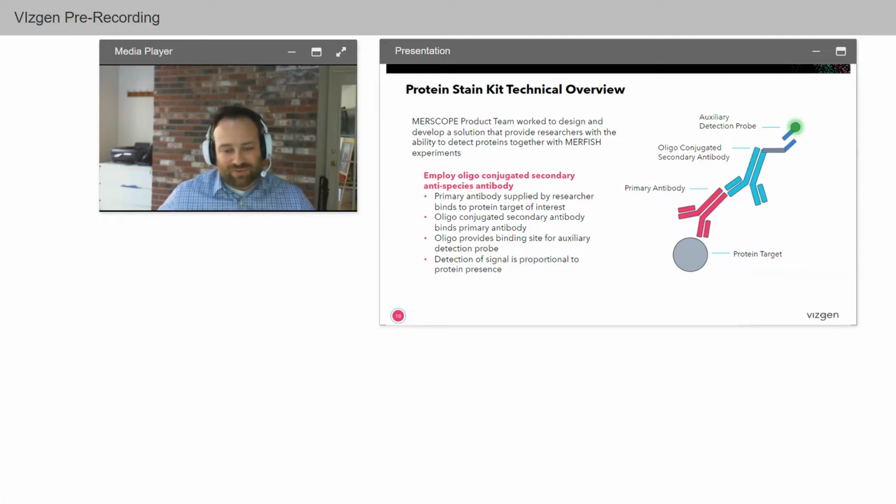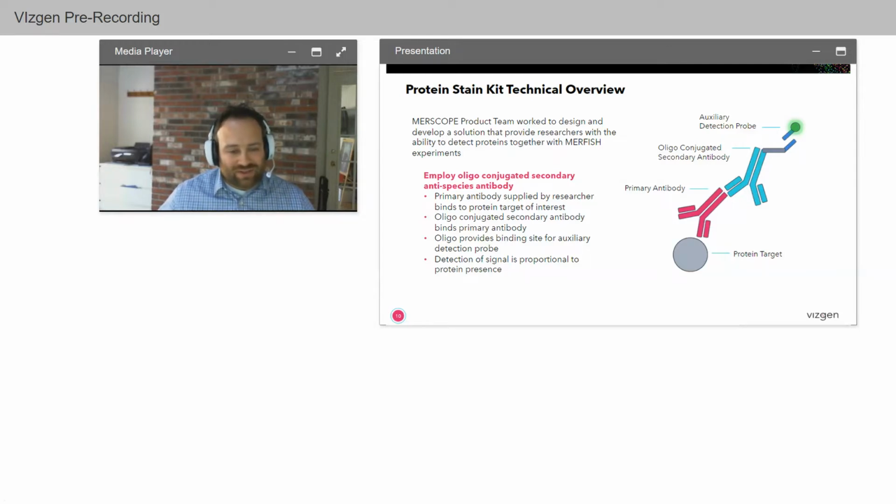In this example, we have a protein target that is being targeted by a primary antibody from a host species. For instance, we'll say a mouse. Here we would use our anti-mouse oligo-conjugated secondary antibody. This antibody will bind to the primary antibody, and it has an oligo conjugated to the back end of it.